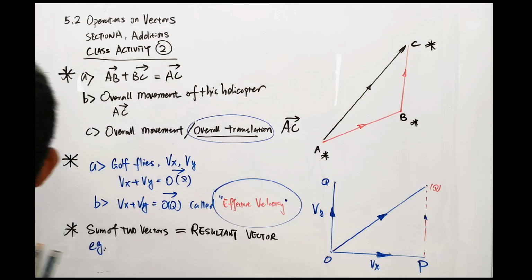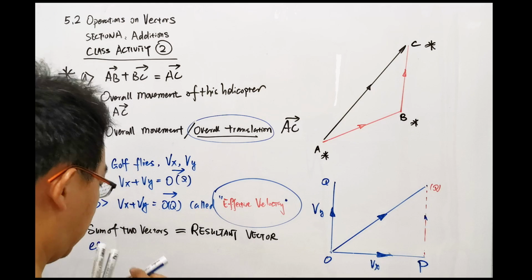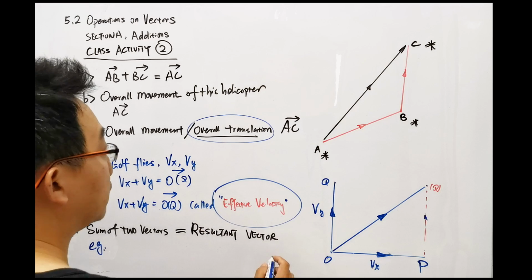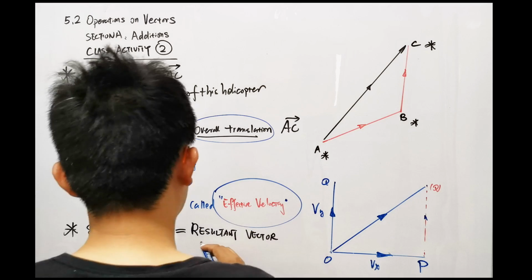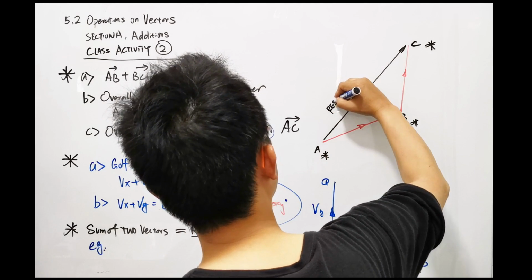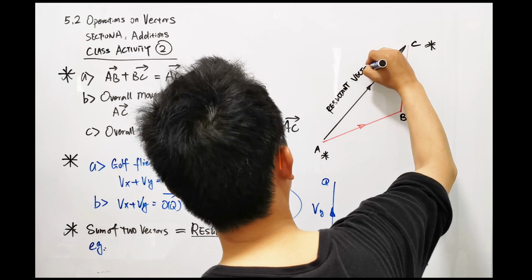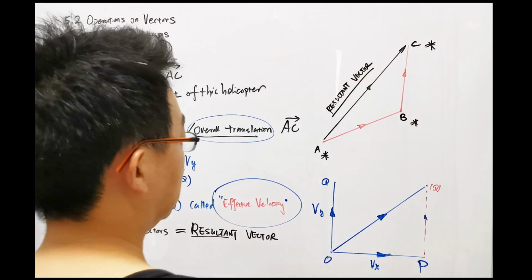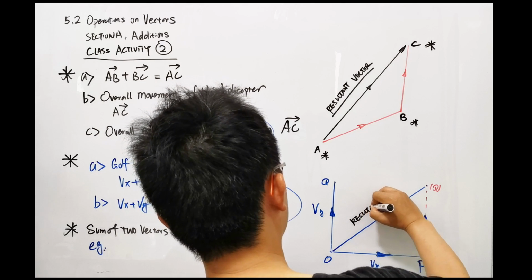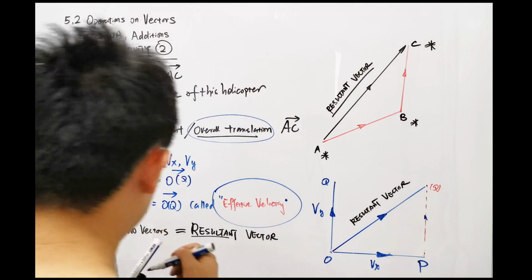So when we have these two, let's write it. The resultant vector. In this case, this is also a resultant vector.